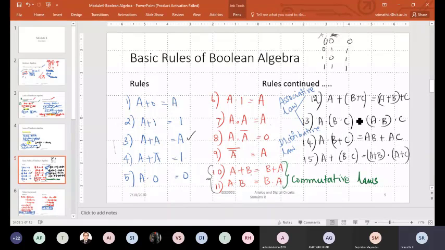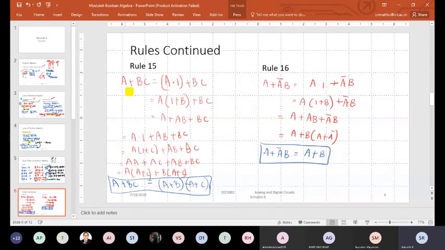Shall I go for the next slide? Yes. Rule number 15: a plus bc is equal to (a plus b) into (a plus c).